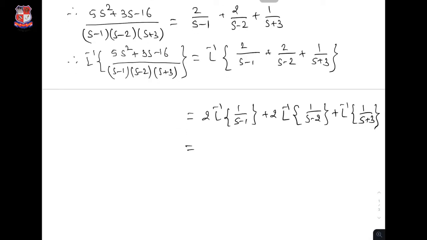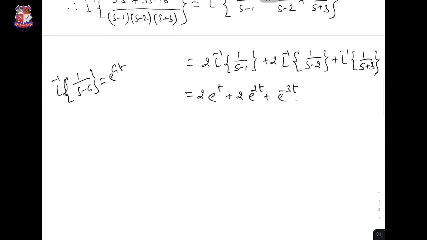Now this is a standard result: inverse Laplace transform of 1 over s minus a equals e power at. So this is 2 e power t plus 2 e power 2t plus e power minus 3t. This is our answer.